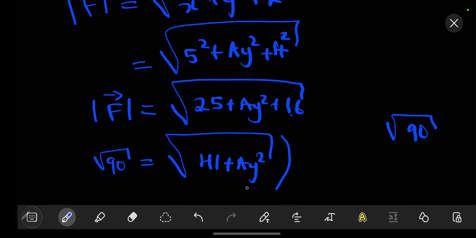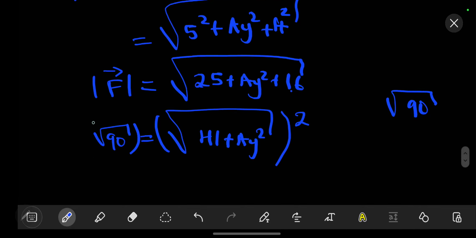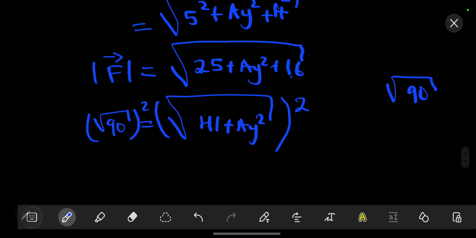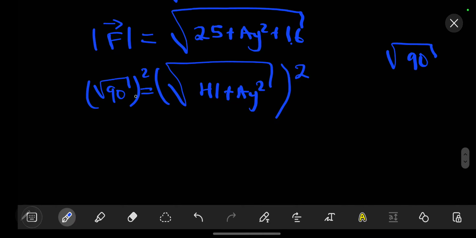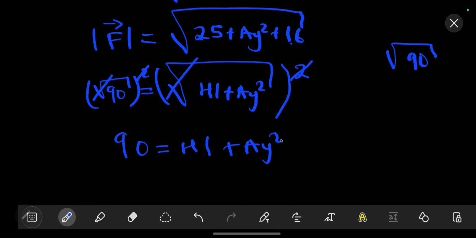From here, we are going to introduce the squares on both sides. We square this, then we square this. When we square these two, this one and this one cancel, so the square root with a square will cancel. So we have 90 equal to 41 plus ay squared.